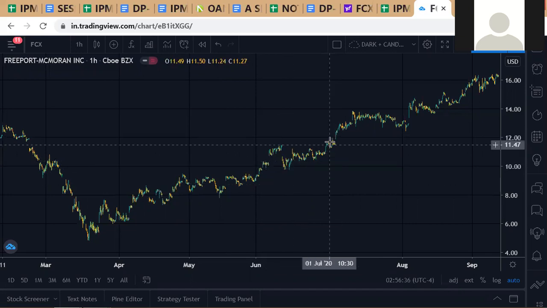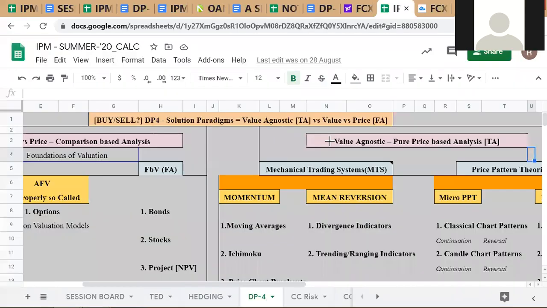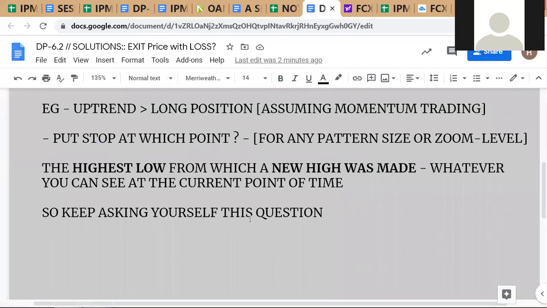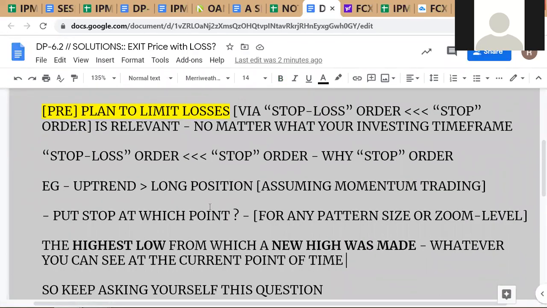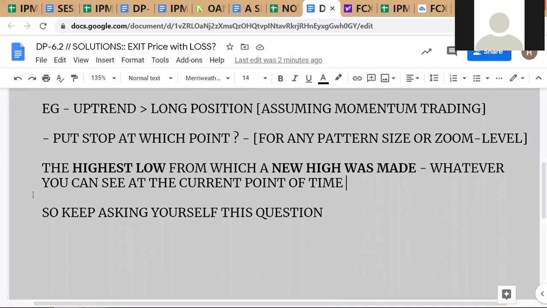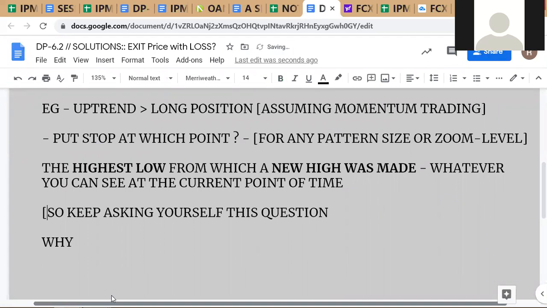So coming back to the question, and let's also not lose sight of the principle. For any highest low, put stop at which point, keep asking yourself this question: why? This we can put in brackets, this is not so important as the principle.